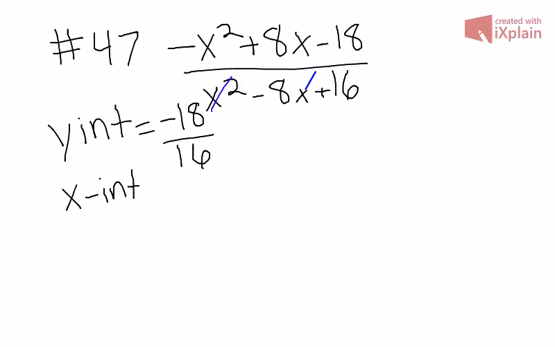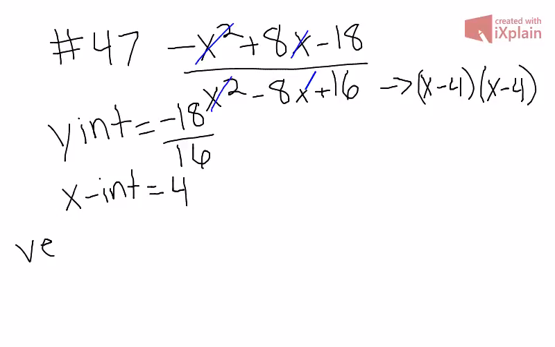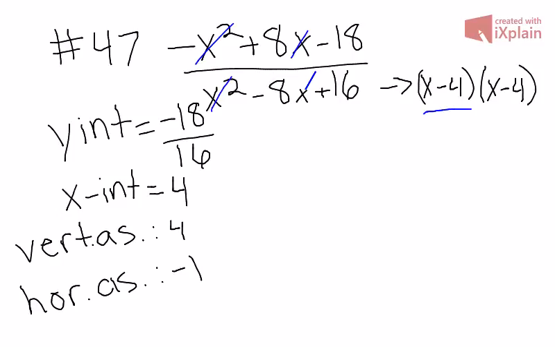So that goes away, that goes away, that goes away, that goes away, and we just get negative 18 over 16. So that's why we have that y-intercept. And for our x-intercept, I'm factoring this bottom term here into x minus 4, x minus 4. Okay. So then our vertical asymptote is 4 because we've gone ahead and solved.